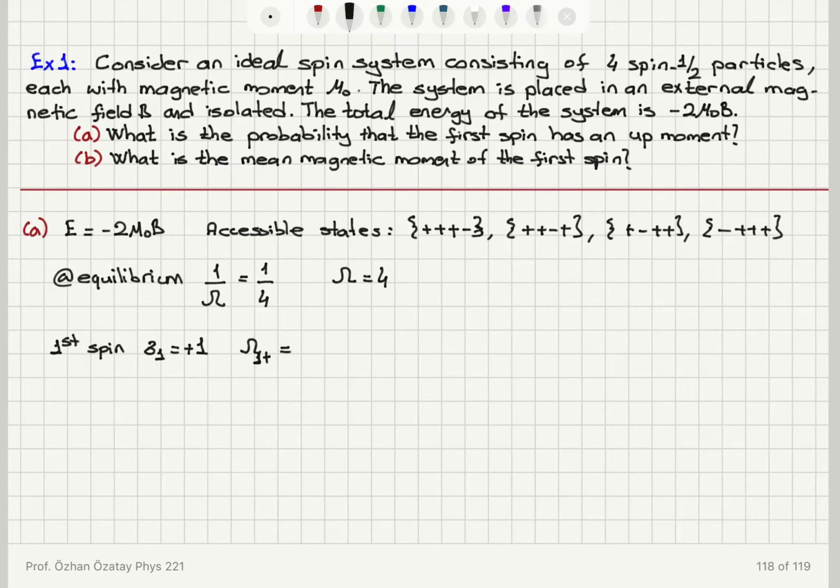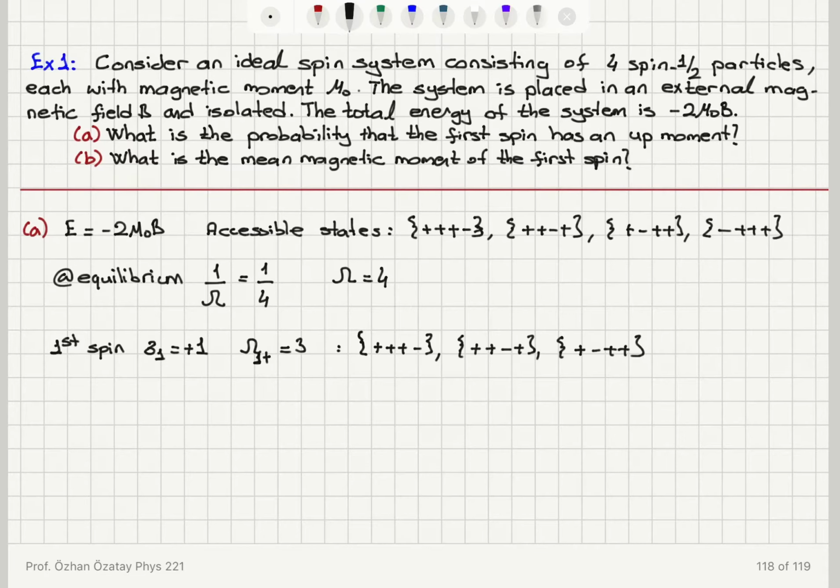There are three of them, right? So which ones are those? These are plus, plus, plus, minus; plus, plus, minus, plus; and plus, minus, plus, plus. The fourth one is missing. The fourth one has the first moment down.